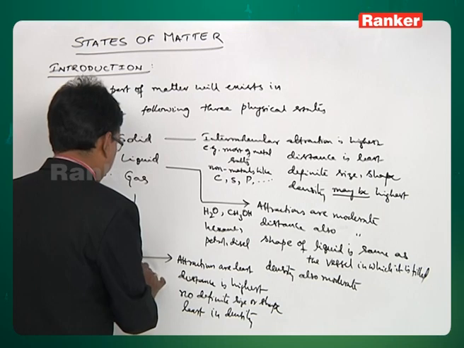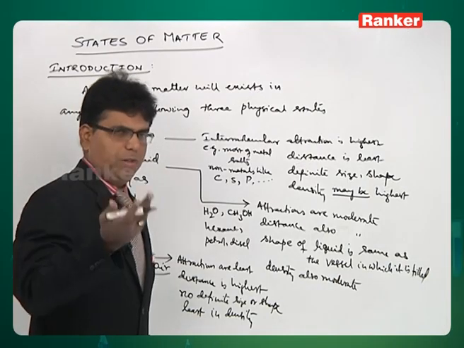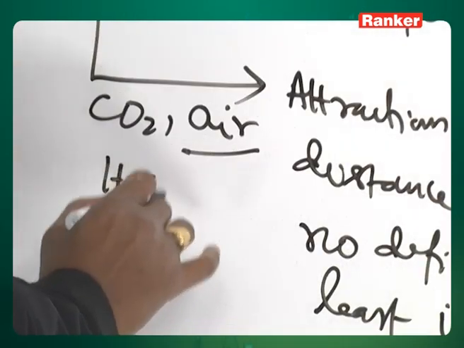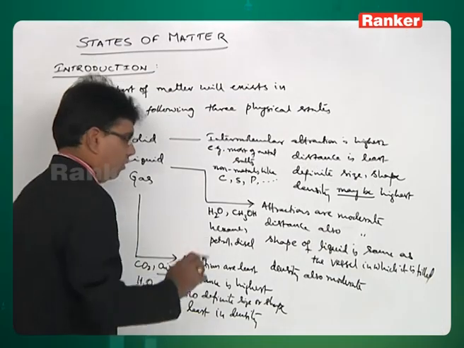Examples: carbon dioxide gas, and air is the best example that all of us know. The air we have is a gas. Then water vapor. Like this we have many gases.